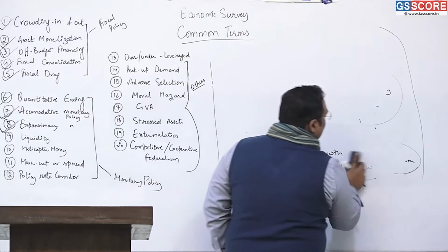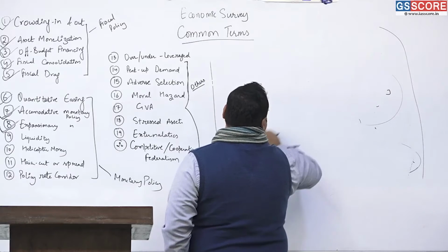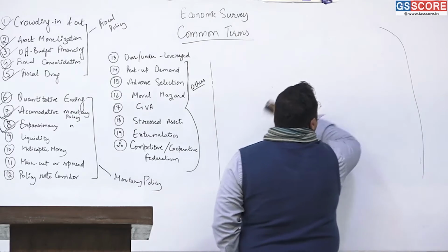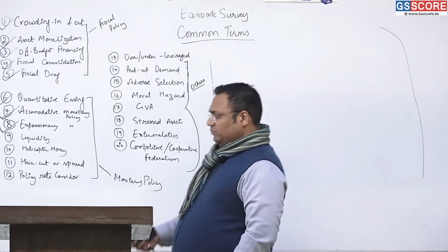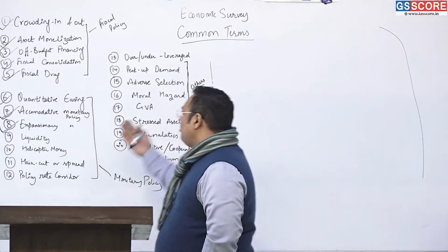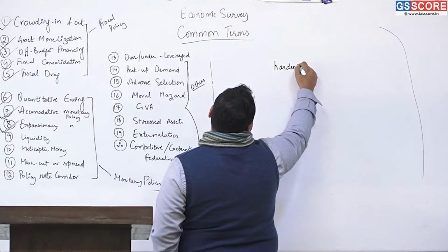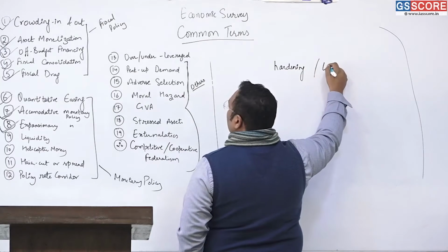What is the opposite of quantitative easing? The opposite of quantitative easing is quantitative hardening or quantitative tightening. There are two terms which we use as opposite. Hardening, the exact antonym of easy, or tightening.